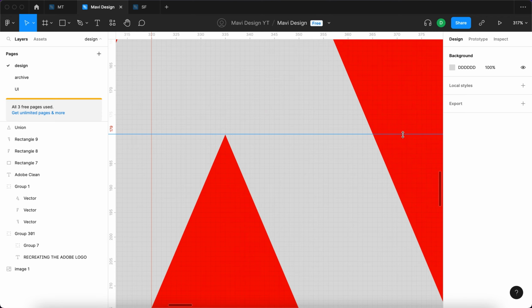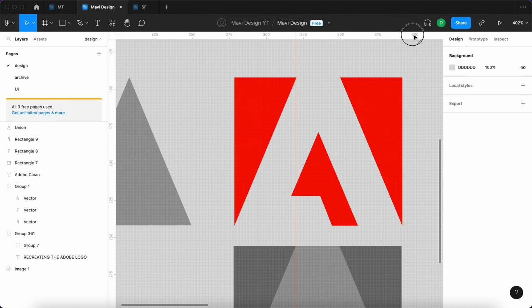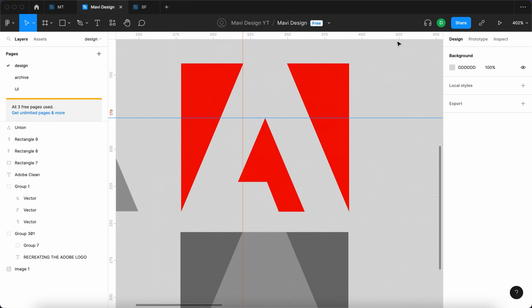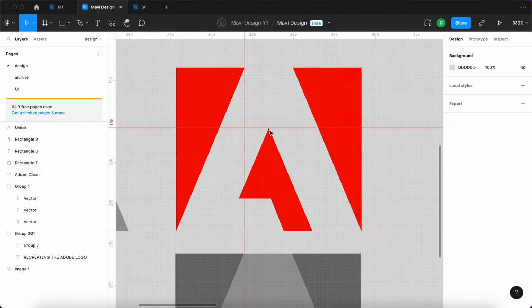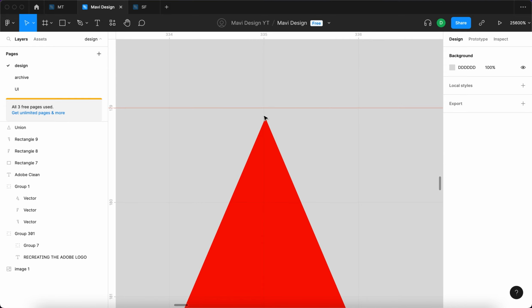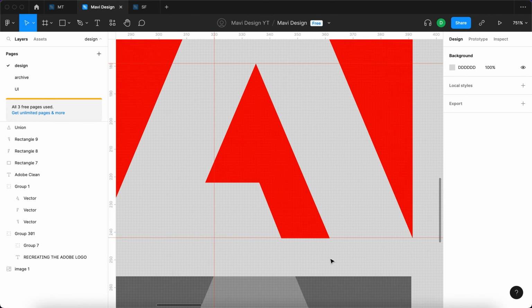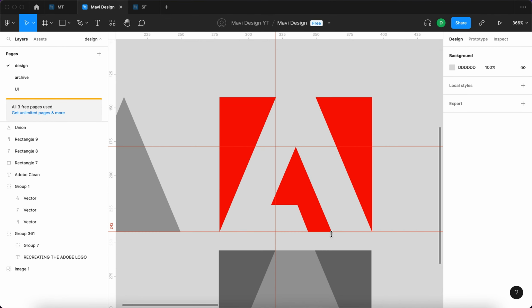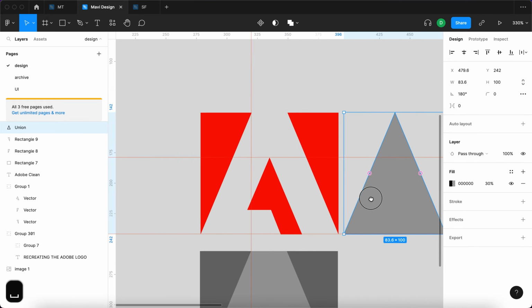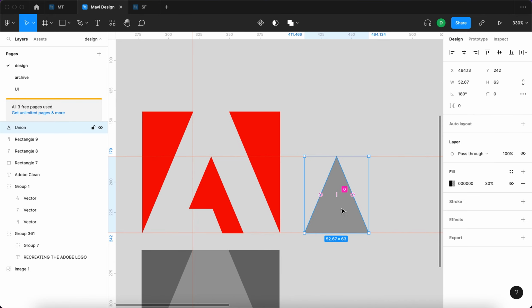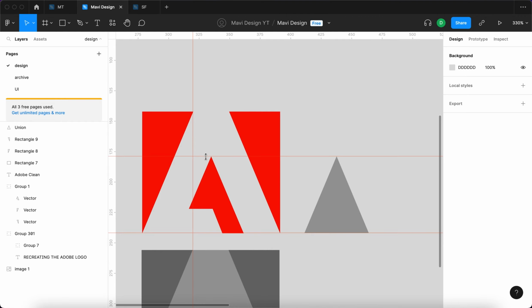Anyway, let's use Figma guides to measure these values. So the height of this triangle appears to be, let me measure this. I think we can round this up probably, and this value as well. I think this will be 63 pixels tall, right? 63 pixels.